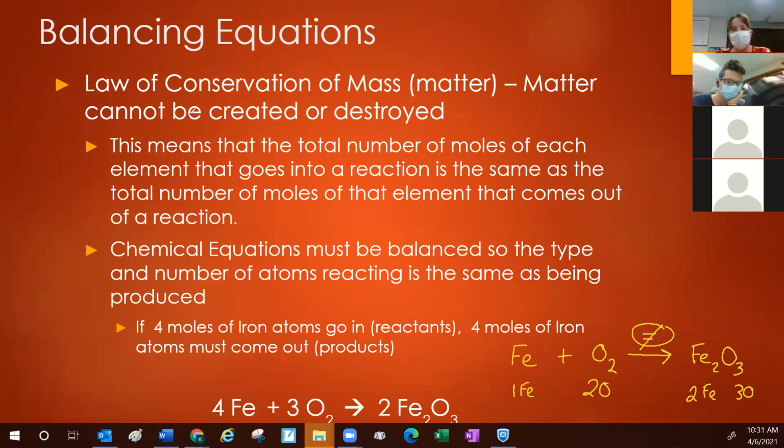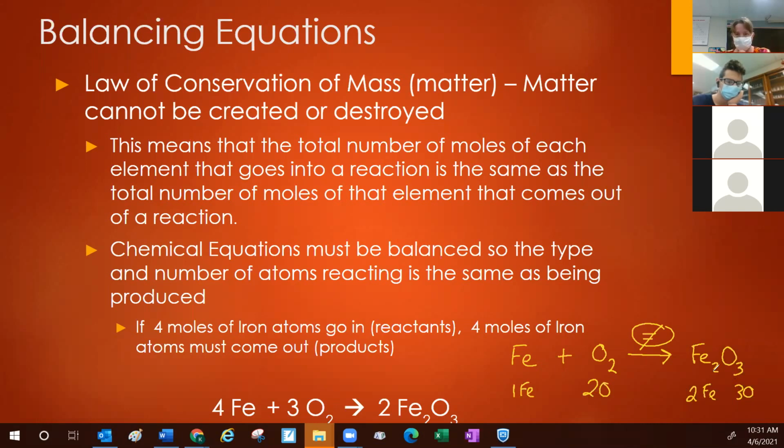So this is where we have to do a little bit of work ourselves. We have to do what's called balancing the chemical equation. We need to somehow get the irons equal and the oxygens equal. And we do this using something called a coefficient. I'll show that term on the next slide.